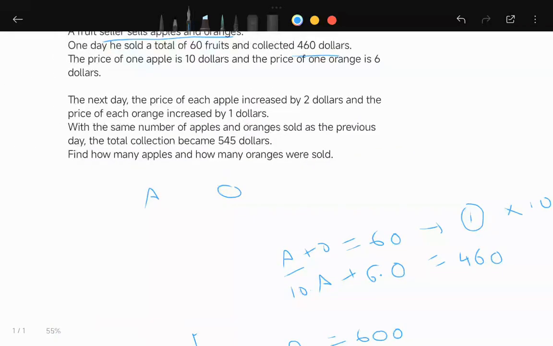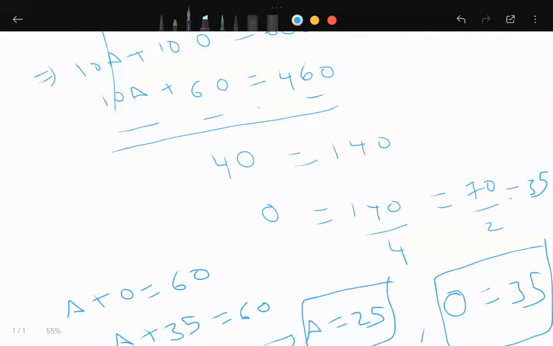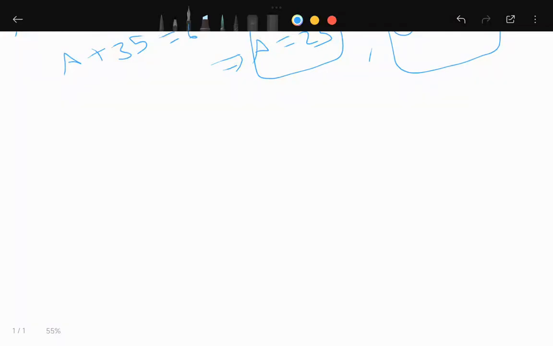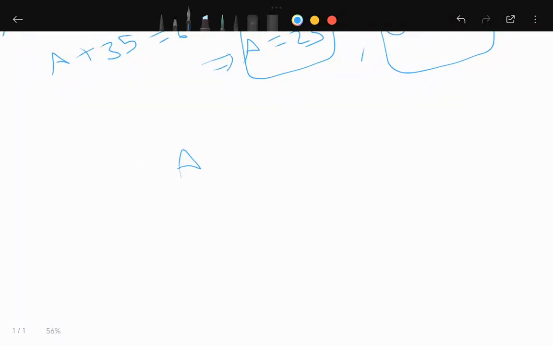The next day the price of each apple increased by $2 and each orange increased by $1. With the same number of apples and oranges sold as the previous day, the total collection becomes $545.